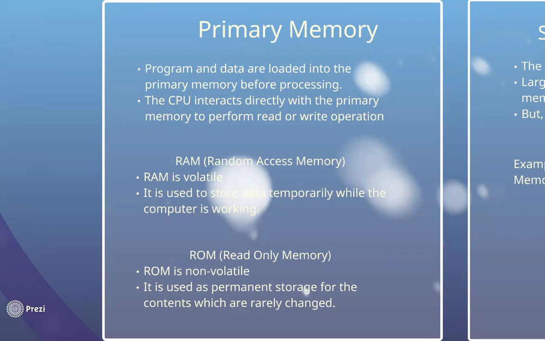Whenever a computer is processing anything, it interacts with primary memory. Primary memory is also called main memory, and it is the one through which all the processing work happens. Intermediate results are stored there.